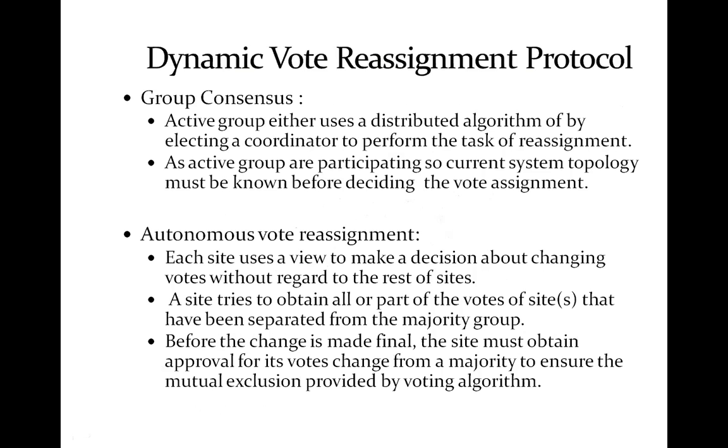In the case of group consensus, the sites in the active or majority group agree upon the new vote assignments, using either a distributed algorithm or by electing a coordinator to perform the reassignment of the votes. The sites outside the majority group will not receive any votes.